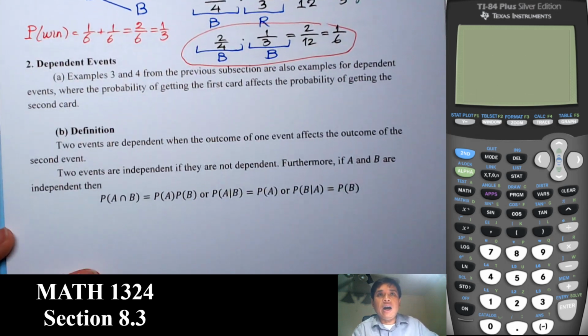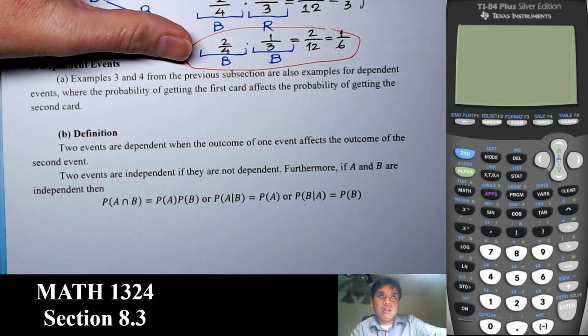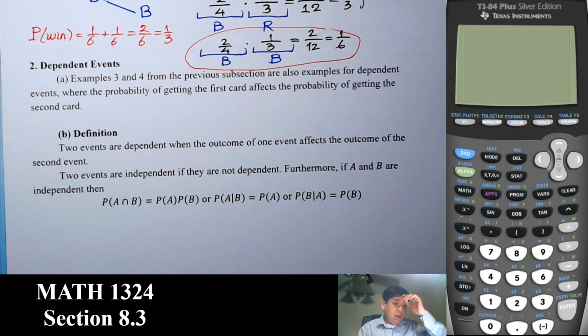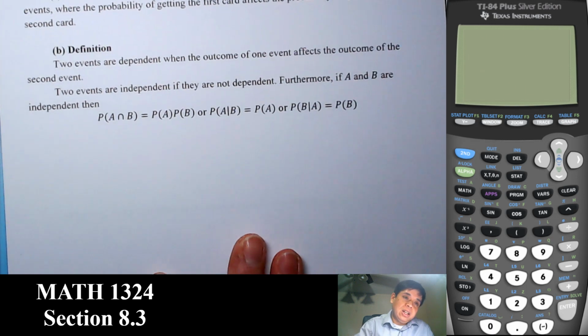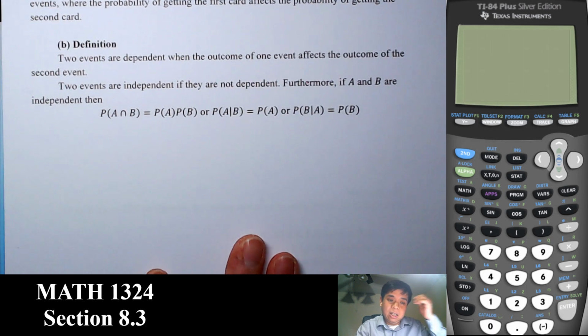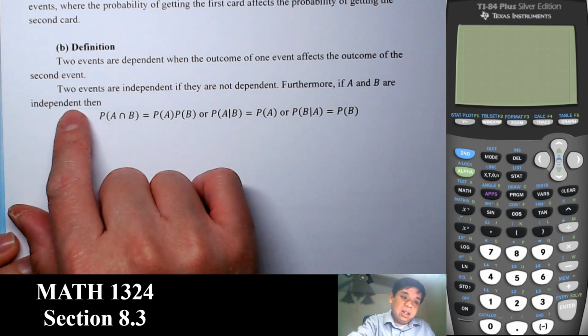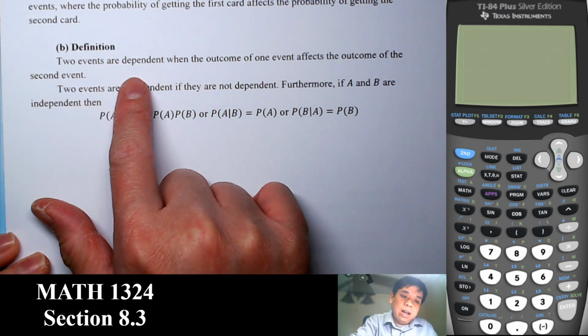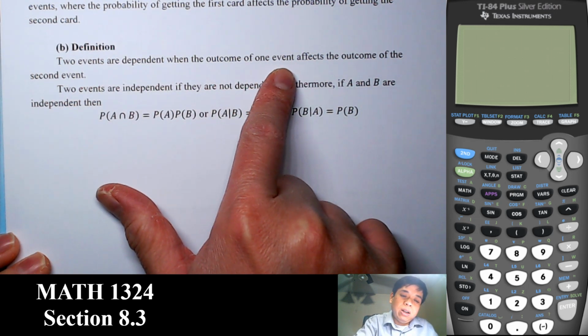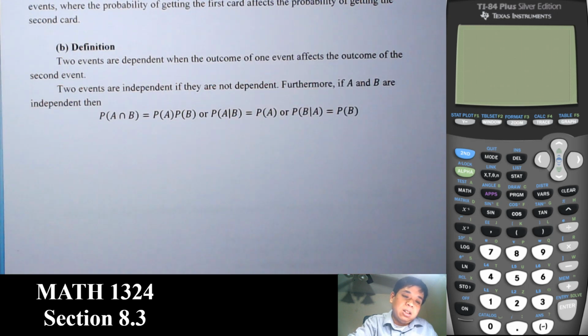Right. What next? I just want to introduce the concept of dependent. What we have, example 3 or 4 here are dependent events, because whatever we select on the first step affecting whatever we have on the second step. And the definition for the dependent event is that 2 events are dependent when the outcome of one event affects the outcome of the other.